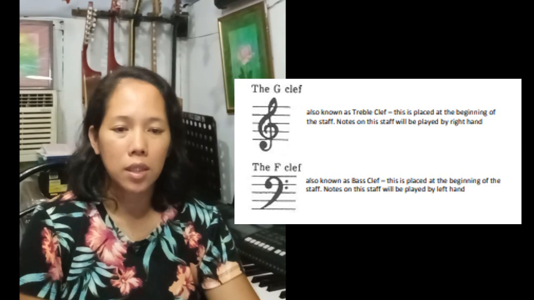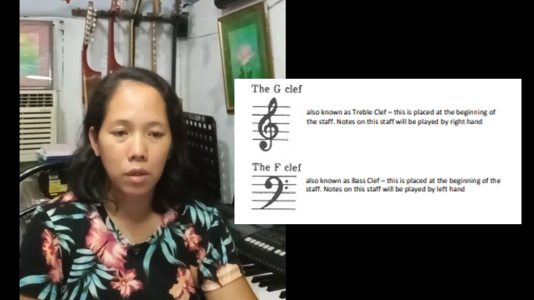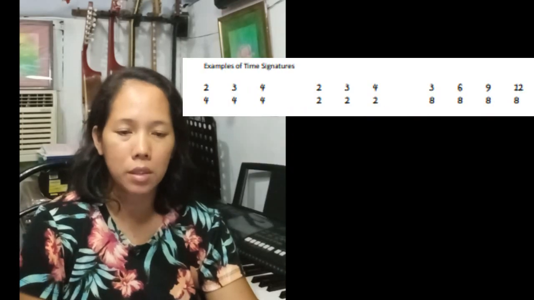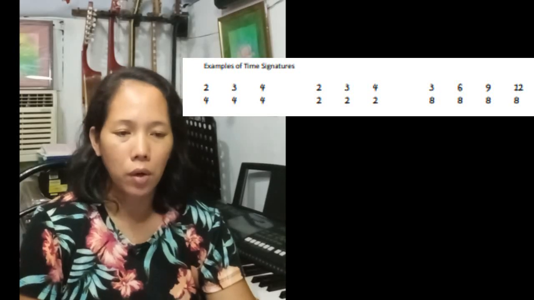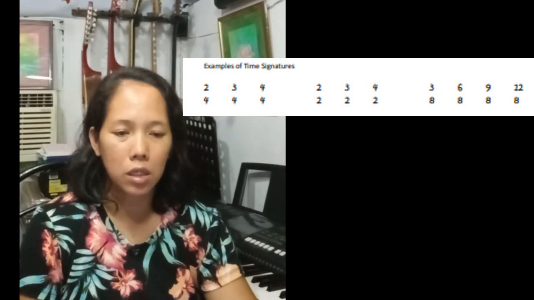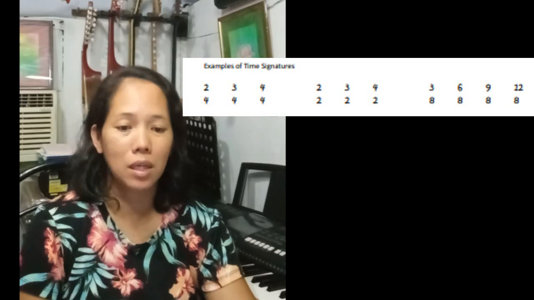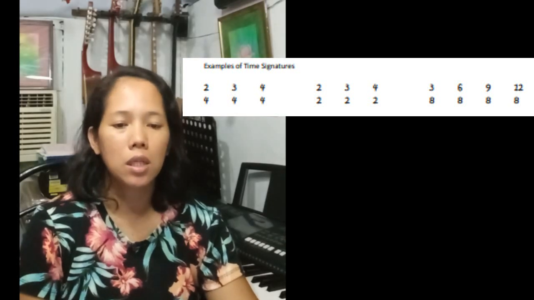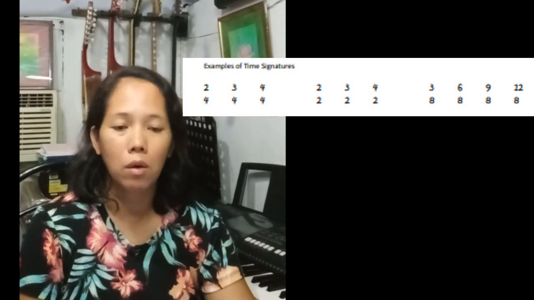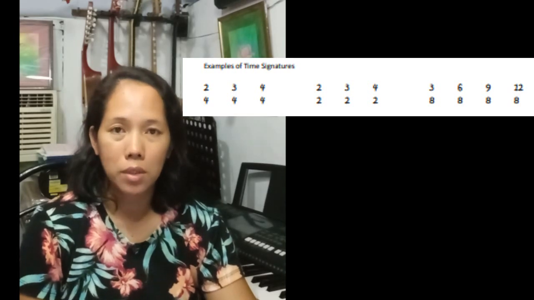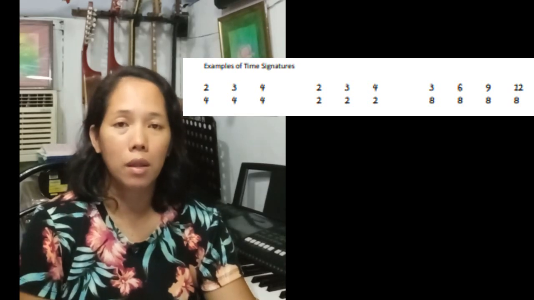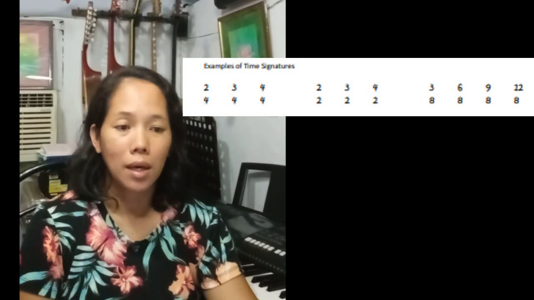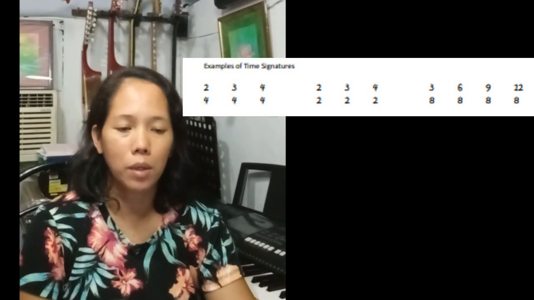So it's the timing of music to be used all over the entire playing of a piece of music. So I just presented here 3 types of time signature. The time signature having number 4 as the lower number, time signature having number 2 as the lower number, and then the one with 8 as the lower number.